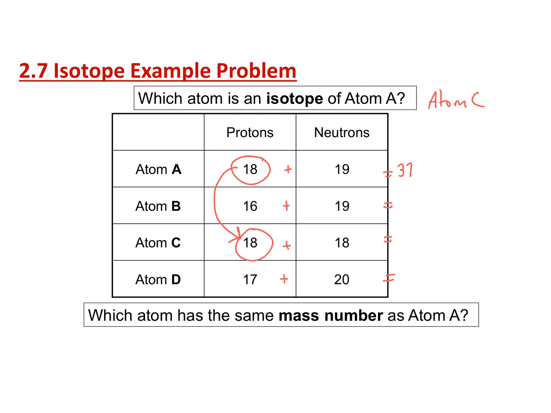For atom B, I would have 35. And for atom C is 36, and D would be 37. So which atom has the same mass number as atom A? We see that both atom A and atom D have the same mass number of 37 AMU.